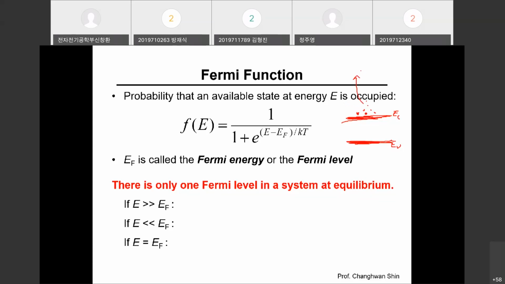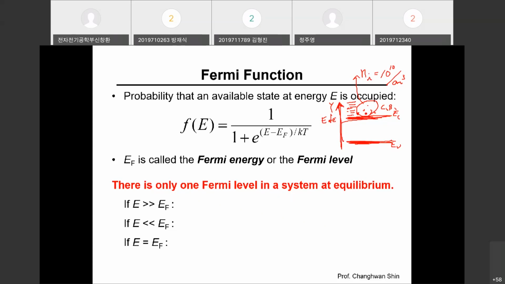Not a few actually, right? The total number of free electrons per unit volume in intrinsic silicon is 10 to the 10 per cubic centimeter. So we know the total number of free electrons in the conduction band. But the question is, at each energy state, again here, the y-axis, I didn't draw it, but you should imagine the y-axis on this energy band diagram indicating the energy of electrons.